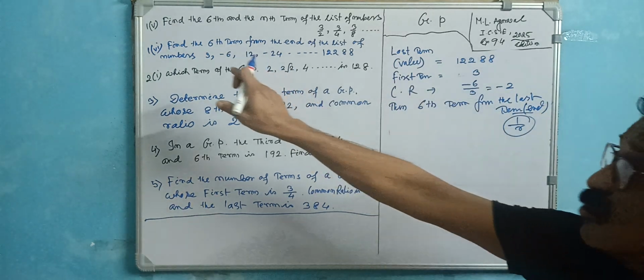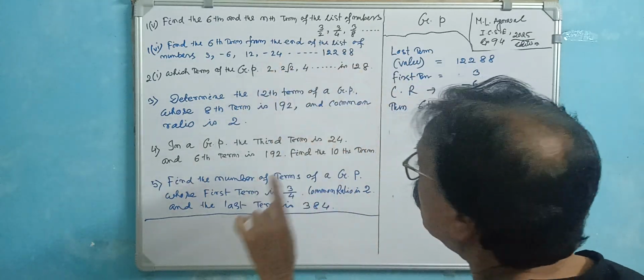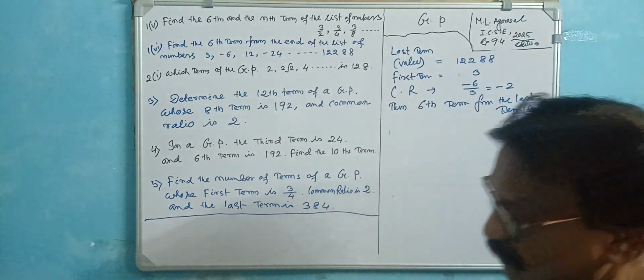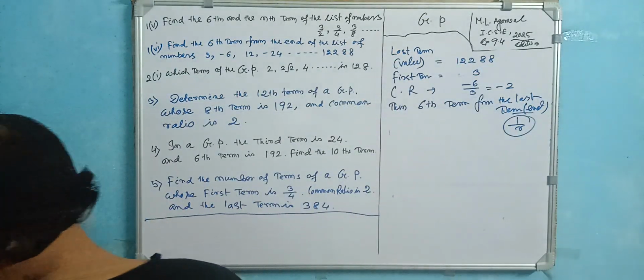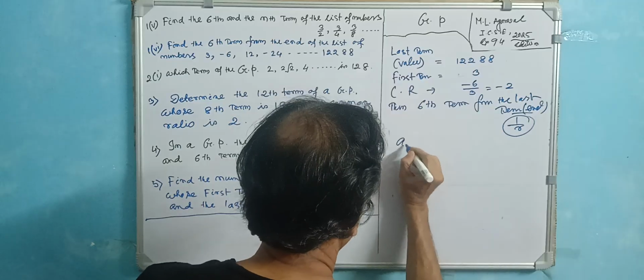Here the common ratio is R. From the end, you calculate the common ratio, you take 1 by R. This is very important. So, from the end, what is the last term actually?